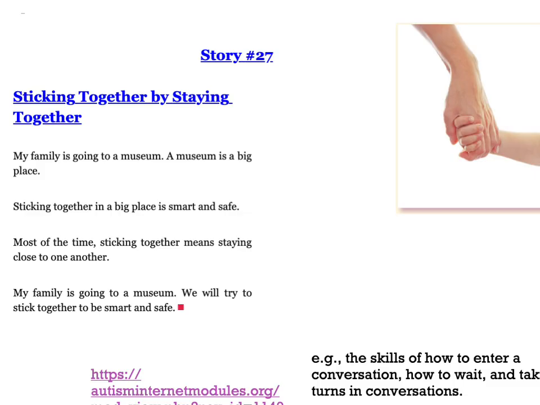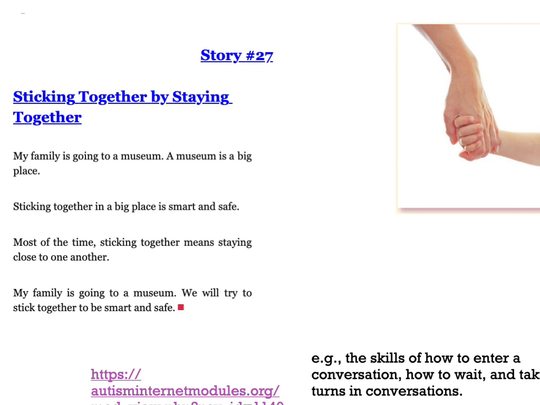Another example: before they go to a new place like a museum, the teacher or parents write a story like this, and then they can read it together before they go. The title says Sticking Together by Staying Together. My family is going to the museum. The museum is a big place. Sticking together in a big place is smart and safe.